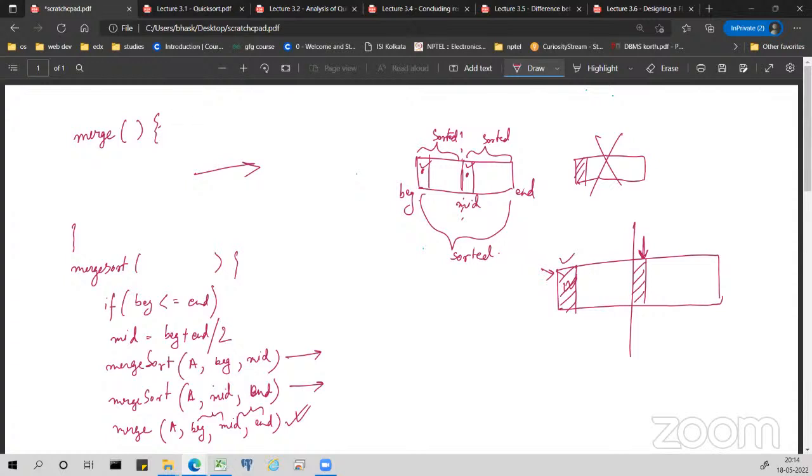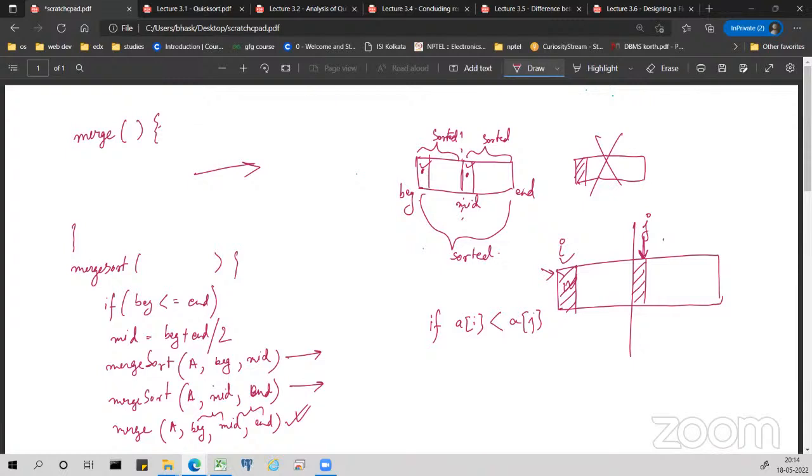Now I gave you a hint. While you are writing the merge algorithm, when you do if, let's say I'm denoting it by AI, if AI is lesser than aj, and let's say i is starting from here and j is starting from here, then what we do is place this ith element into a temporary memory.